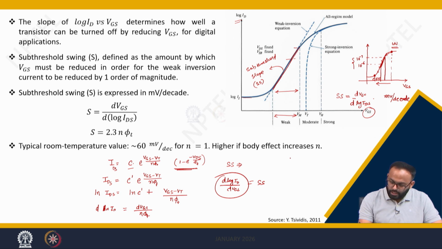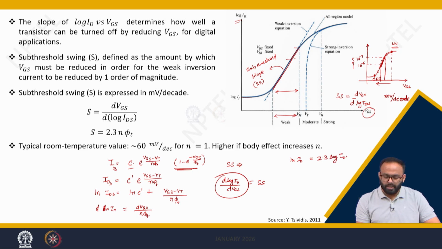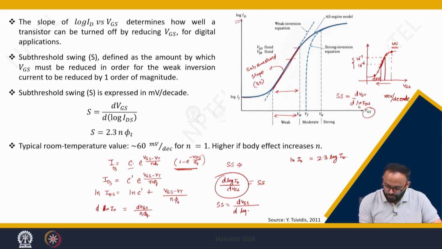Converting ln ID into log ID gives a factor of 2.3. So the sub-threshold slope will come up as dVGS divided by d of log of ID, where this is log base 10, equal to 2.3 into n into phi t, where n is the slope factor.